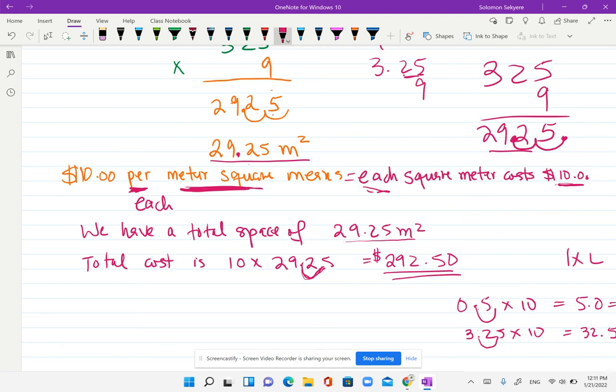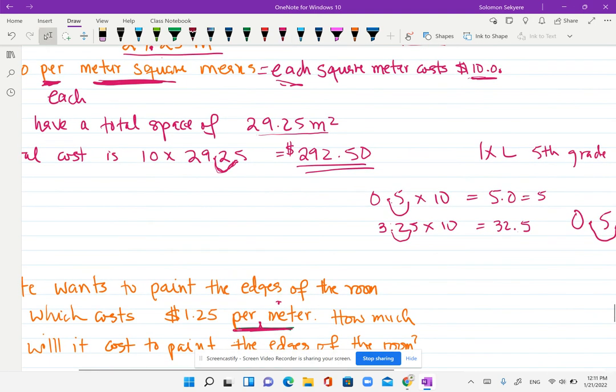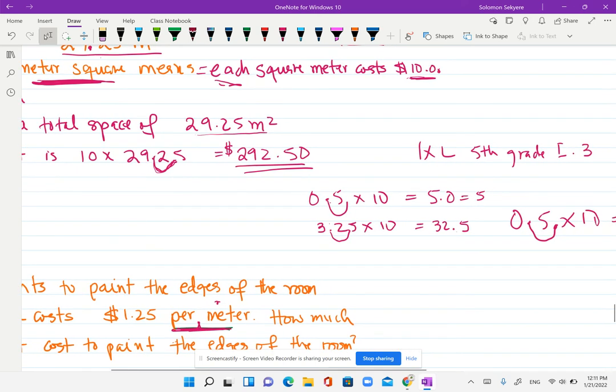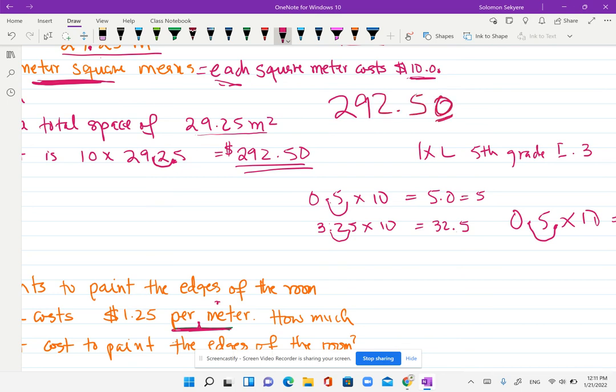How do you multiply a decimal by 10? Simply by moving your decimal point to the right, and you get 292.5, which is written 292.50. Don't worry about that zero. That's your answer.